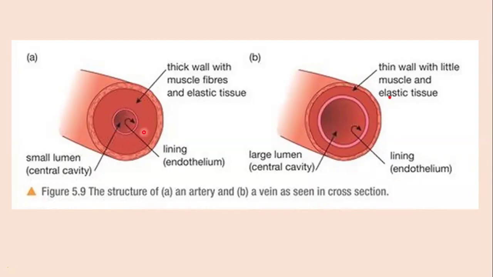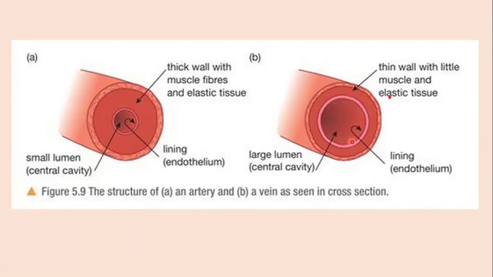Since they have a thick wall, they have a very small lumen, because the thick wall has a lot of muscle fibers and elastic tissues.